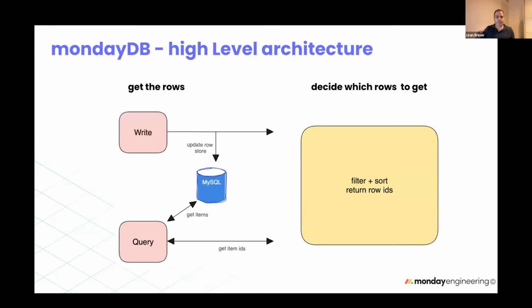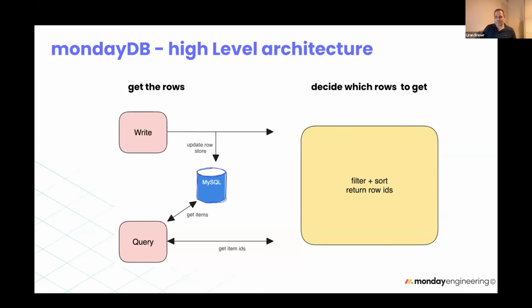And then we decided, of course, the natural movement is to move things to the backend. So with mondayDB, we are still writing to MySQL. This is still the source of truth, but we are also writing a view layer to mondayDB. This mondayDB component is now responsible for performing the actual query, to filter, to sort, and at the end return the IDs of the items that satisfy the query, and only return the current page to the client, 100 rows or so.